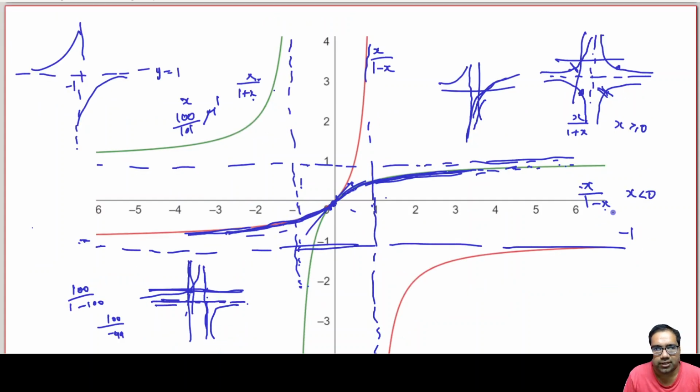Similarly, if we take this one, x by 1 minus x, when x becomes very large, it becomes 100 by 1 minus 100, which is roughly minus 1.01. So this also is slightly lesser than minus 1, right? So that's why it is also approaching from the bottom of minus 1. It is trying to approach this one, right?